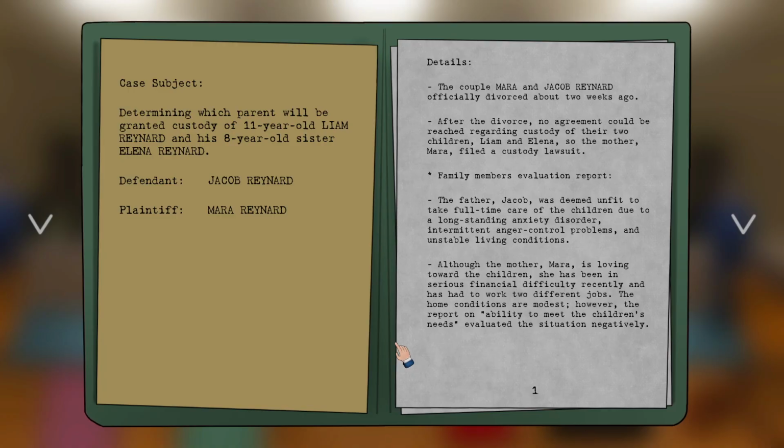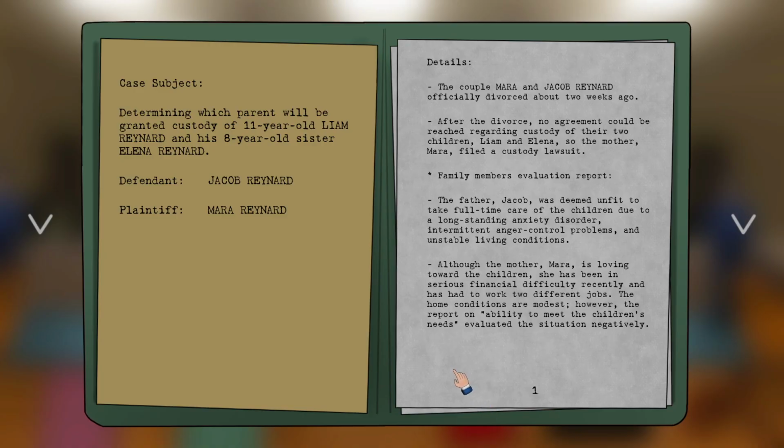Family members report the father, Jacob, was deemed unfit to take full-time care of the children due to a long-standing anxiety disorder, anger control problem, and unstable living conditions. Although the mother Maria is loving towards the children, she has been in serious financial difficulties recently and has had to work 2 different jobs.